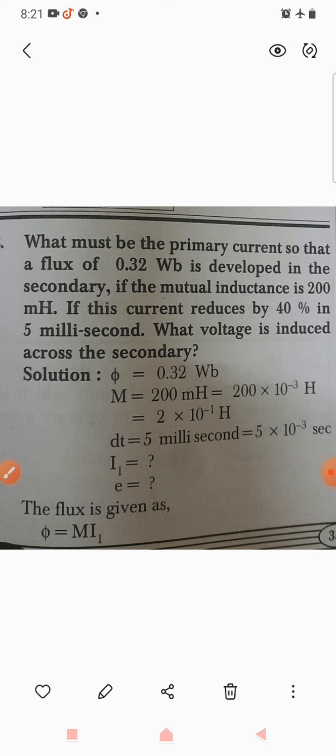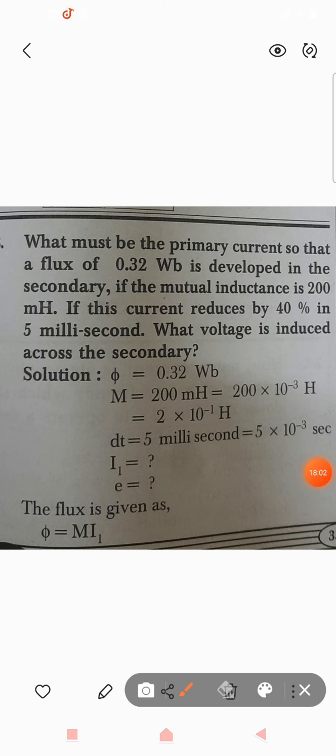The question says, what must be the primary current? What must be the primary current means the value of IP. What must be the value of the primary current so that a flux of 0.32 weber is developed in the secondary, if the mutual inductance is 200 millihenry?